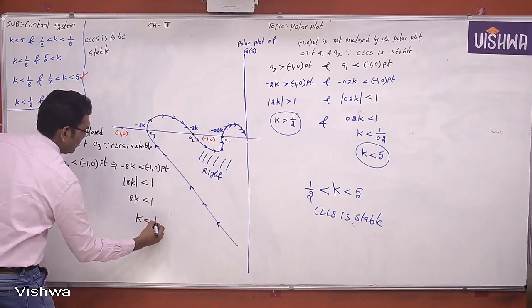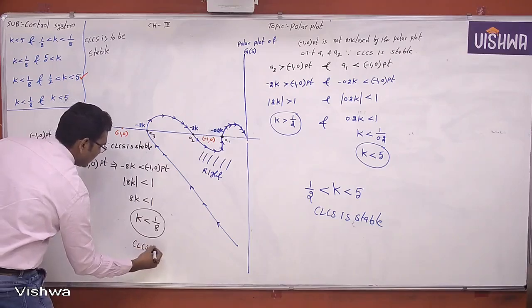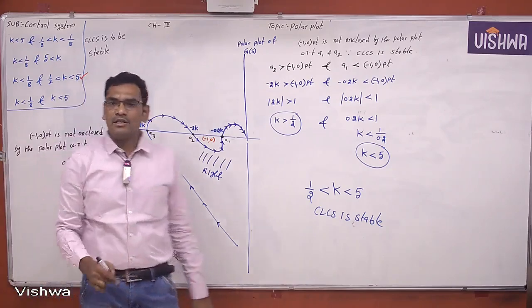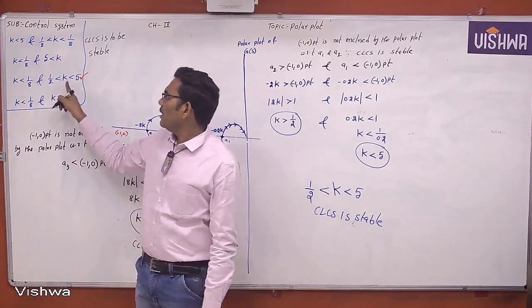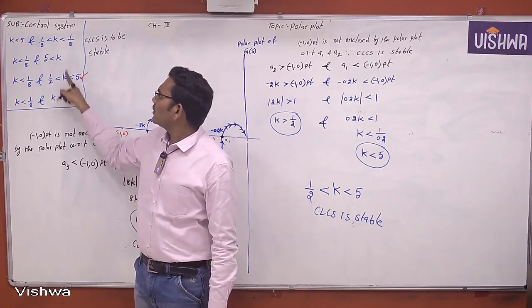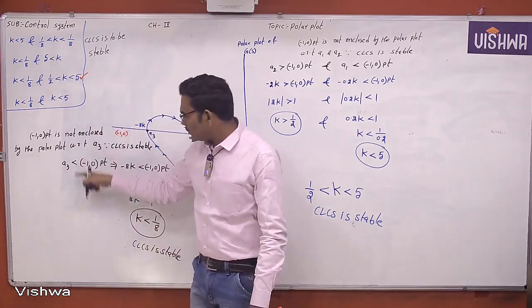Therefore k is less than 1 by 8, and the closed loop control system is stable. Is this the correct condition or not? K is less than 1 by 8 is stable, and k is less than 5 and greater than 1 by 2. If we find these conditions, all are not matching, only one is matching. There is no need to check this condition also.